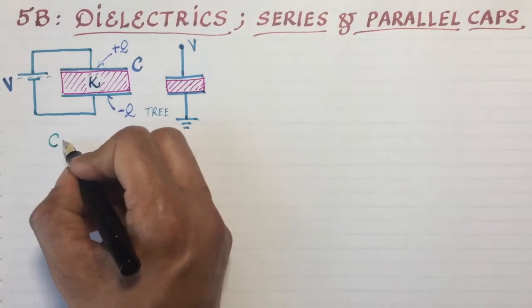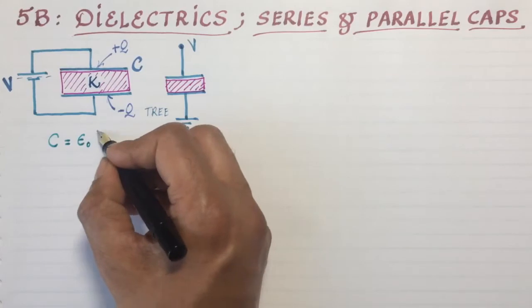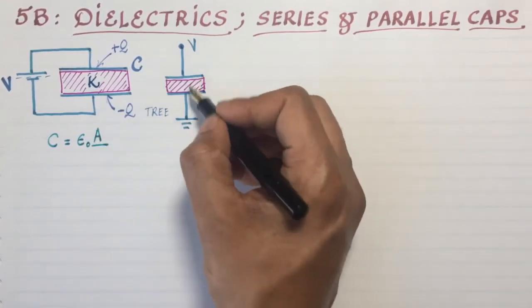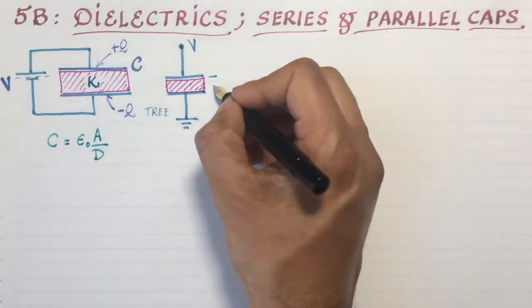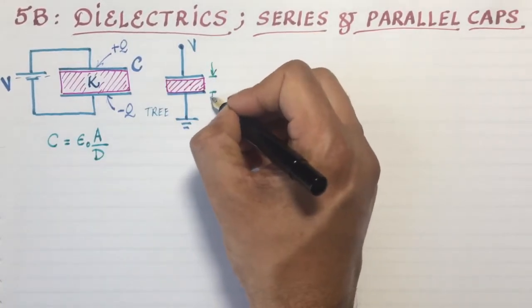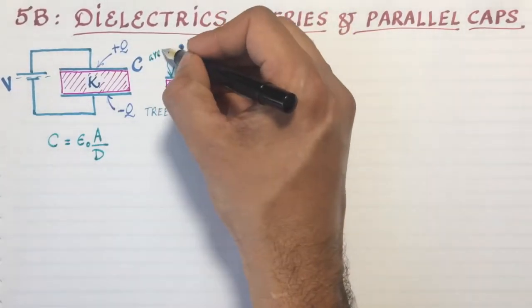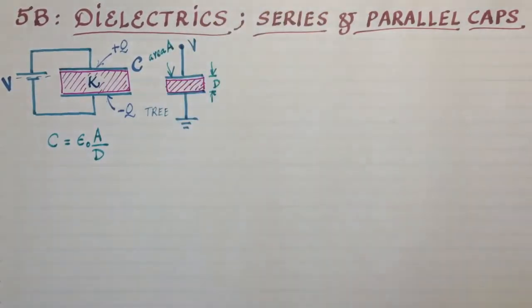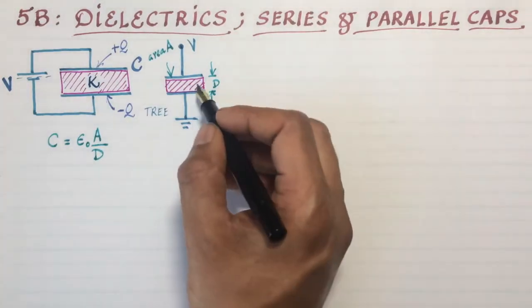The capacitance of a parallel plate capacitor is given by the formula epsilon naught, the area of the plate, this could be one of the plates, not both, just one of them, divided by the distance d that separates the two plates. That's the distance d, and that's the area of either the top plate or the bottom plate. That's the normal capacitance of a capacitor without anything in it.